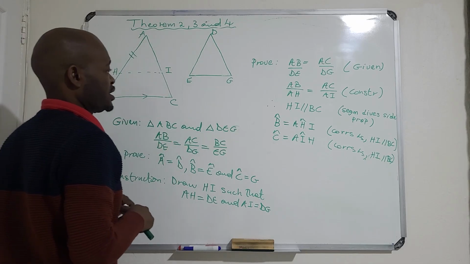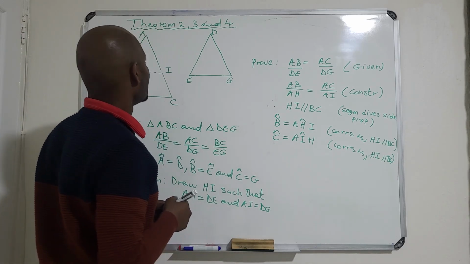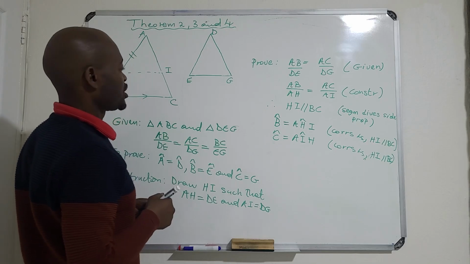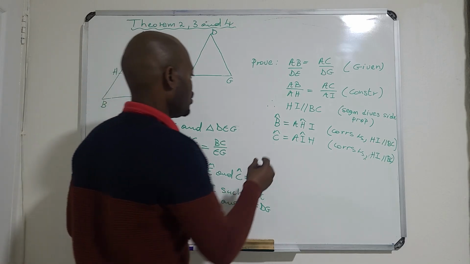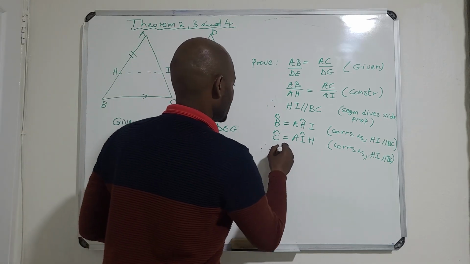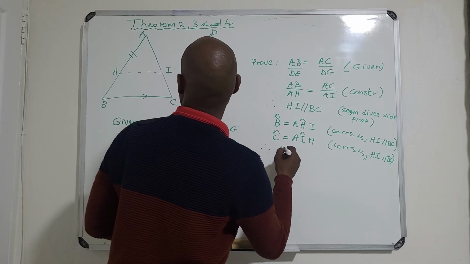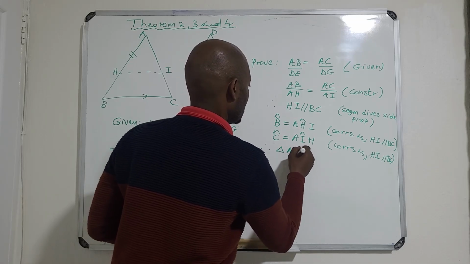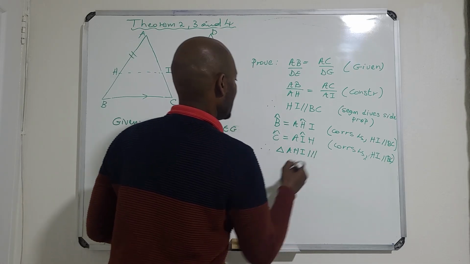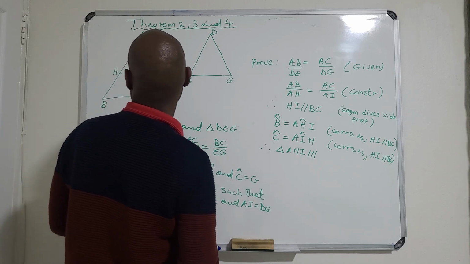Therefore, triangle AHI is similar to triangle ABC.